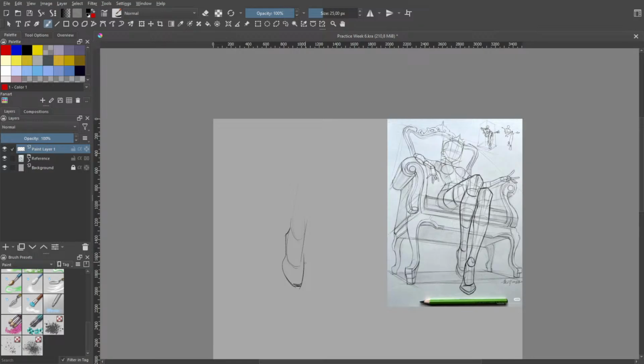Let me try and redraw this a bit here. Finally, come on. It's not too well done. It's like doing this one contour line all the way through the leg. So, say, this is a bit too much.